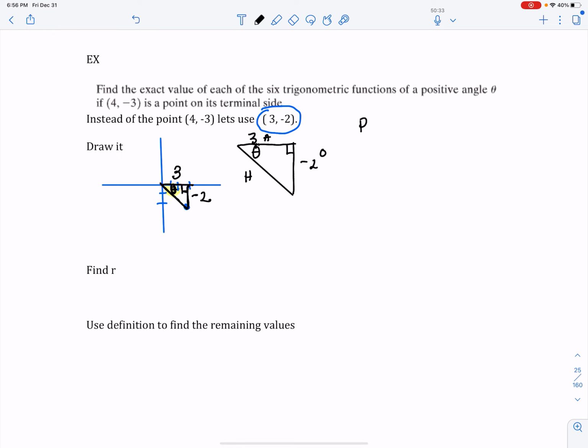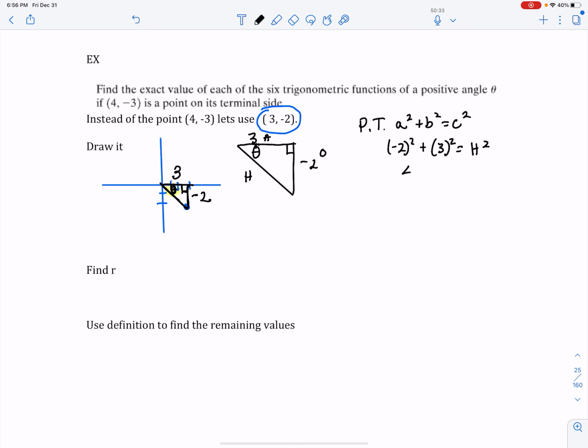So I'm going to use the Pythagorean theorem to figure this out. Remember, it's a squared plus b squared equals c squared. My a value is opposite, so we're going to put -2, I'm going to square it, plus my adjacent side, which is 3, squared, and it's going to equal my hypotenuse squared.